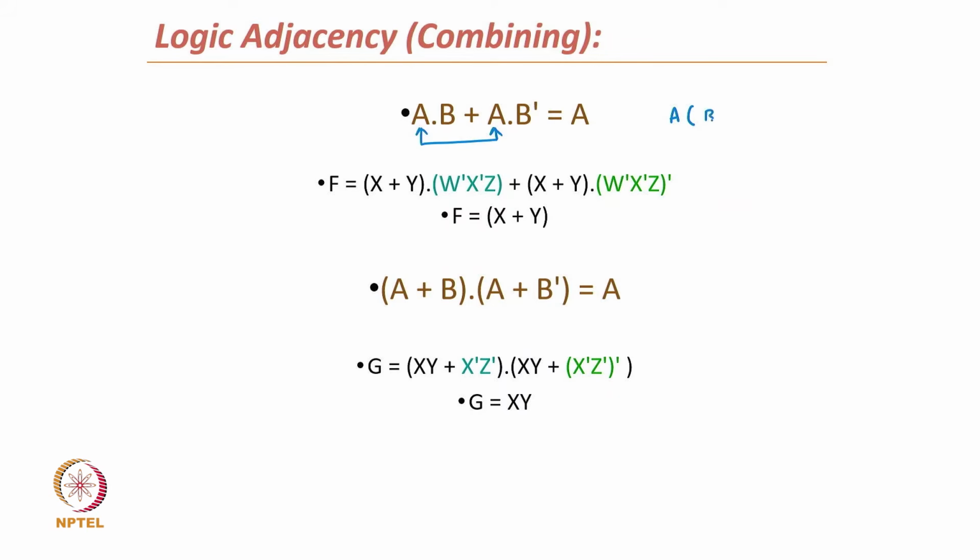Then inside it becomes B plus B dash, and as we have just seen, any literal with its complement is always 1. So this is A into 1 or A. Similarly, we have the rule (A plus B) into (A plus B dash), which is also equal to A.